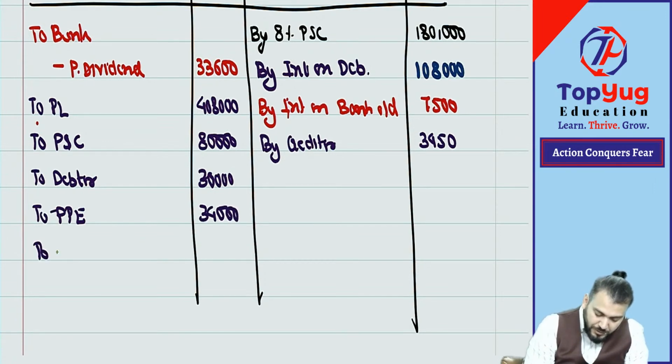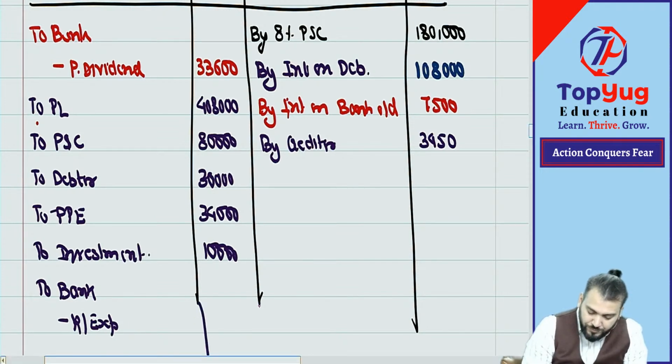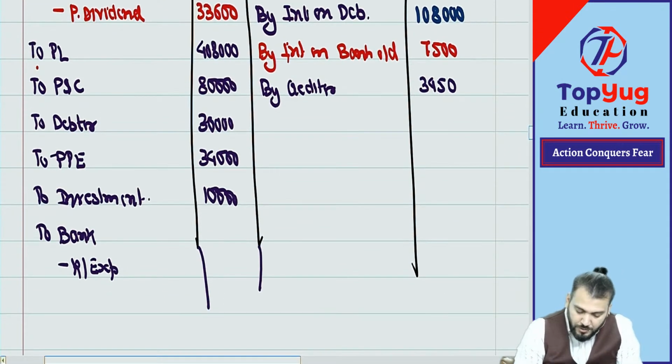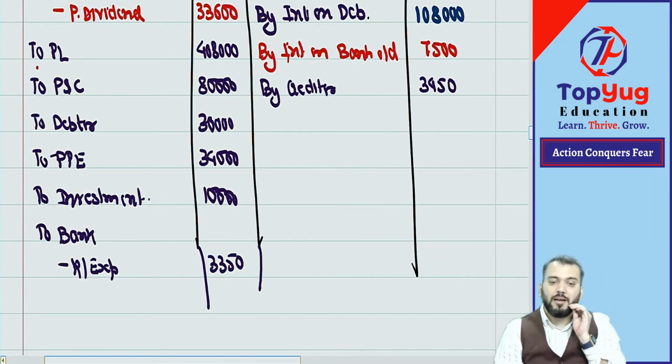Then to investment. Then last is what? To bank. And for which purpose? Reconstruction expense. How much? 3350. Got it? Now find out the balance of this account.